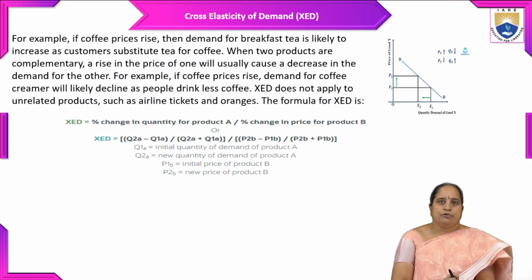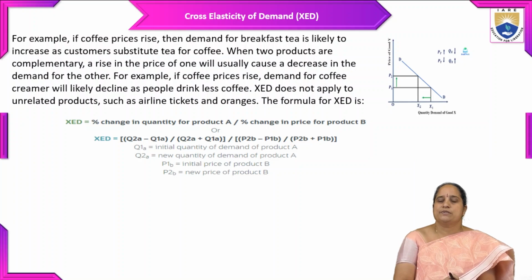For example, if coffee prices rise, then demand for breakfast tea is likely to increase as customers substitute tea for coffee. When two products are complementary, a rise in the price of one will usually cause a decrease in the demand for the other. For example, taking coffee again, if coffee prices rise, the demand for coffee creamer will likely decline as people drink less coffee.